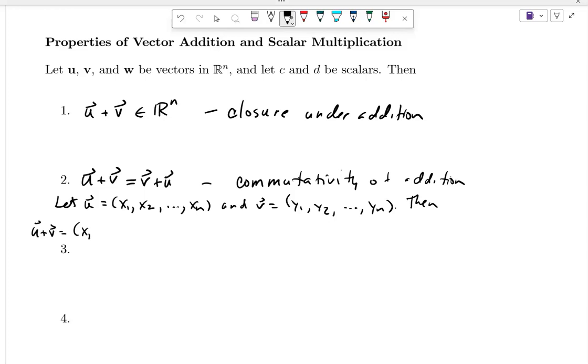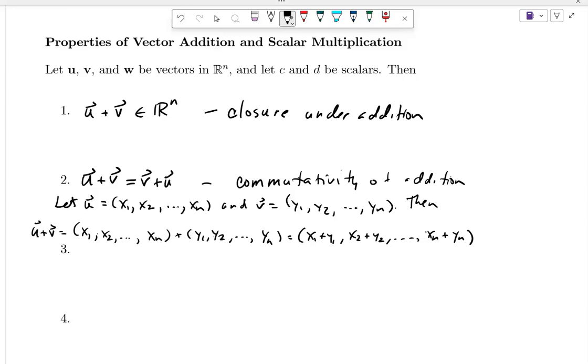All right, so if I want to take x1 out to xn and add it to y1 out to yn, what do I get? Yeah, exactly right. I just add the components.